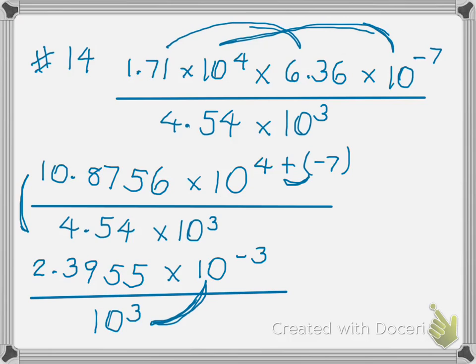So now we have 2.3955 times 10 to the minus 3 minus 3.